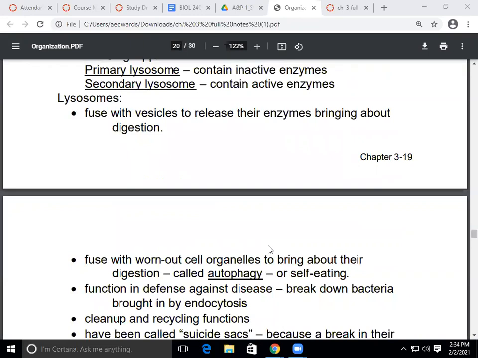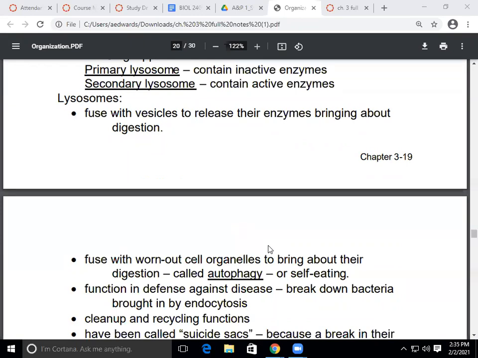And then those vesicles are going to get released onto whatever was in that vesicle and digest them. Can also fuse with organelles that have been worn out and digest those organelles. Call that autophagy, since it's kind of your self-eating, all right? But that's a way to recycle parts that aren't working anymore.